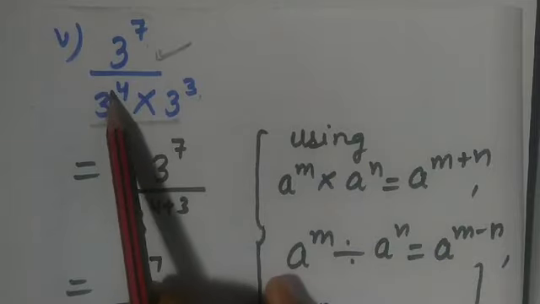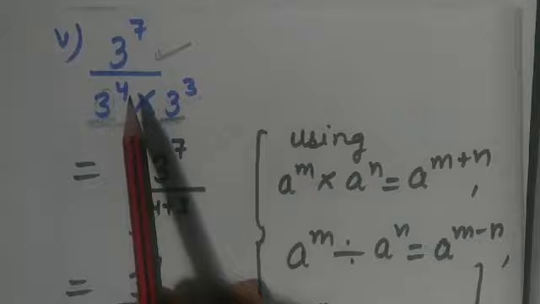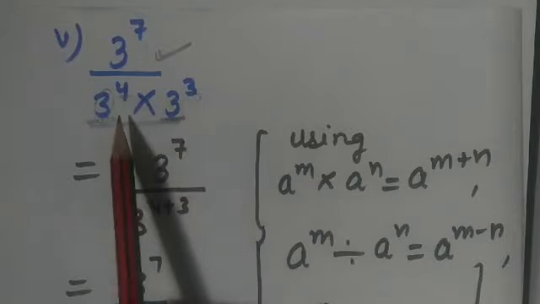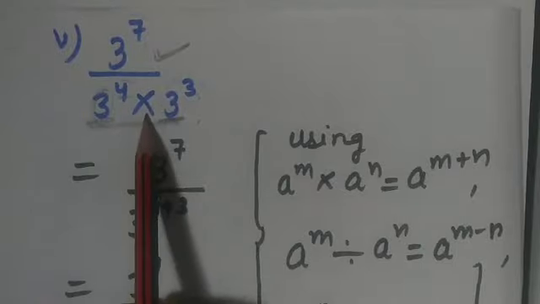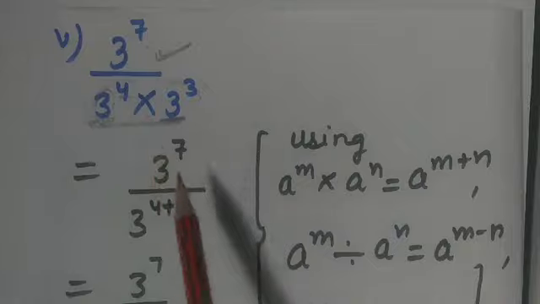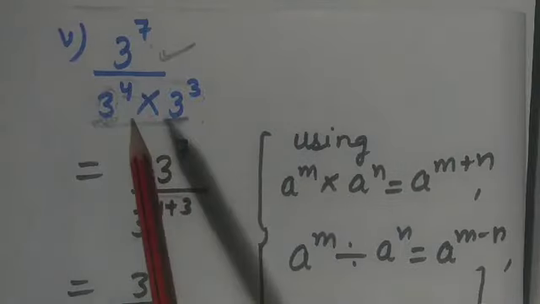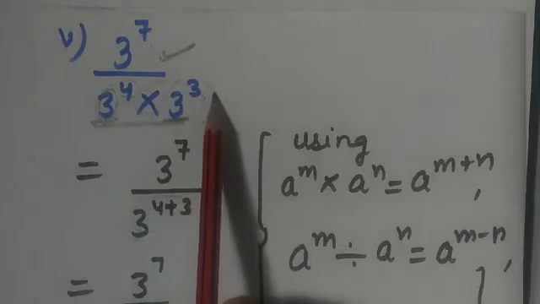In the denominator I am observing that I am having same bases, multiplication in between, and powers. Okay, same base, we have two exponential numbers having the same base and they are multiplied. So for that we can write this as this. Why? Because same bases and in between multiplication, so the powers get added.